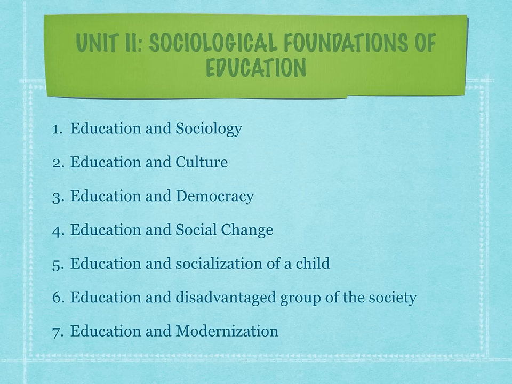In this unit we will deal with the relation of education to various attributes like sociology, culture, democracy, and social change. We'll also look at the education and socialization of a child, and there is an important chapter on education and disadvantaged groups of society. And finally we'll deal with education and modernization.